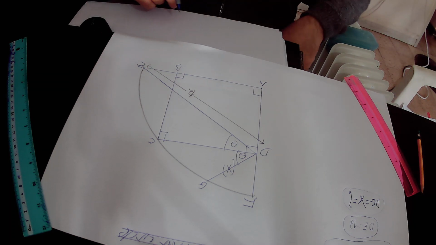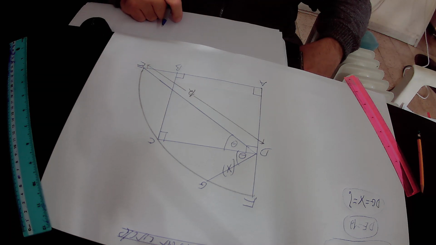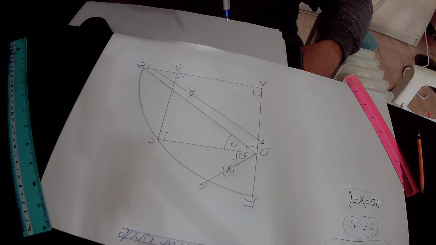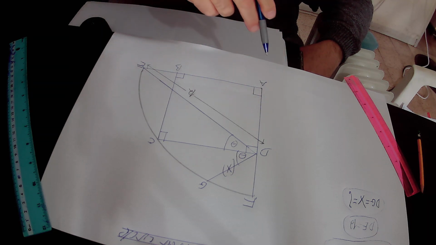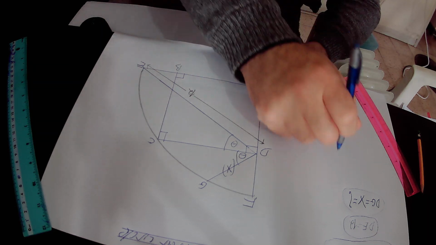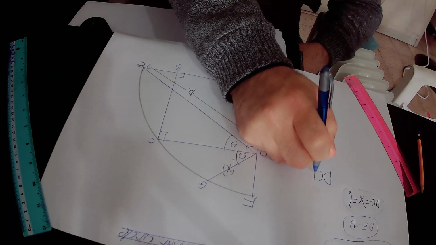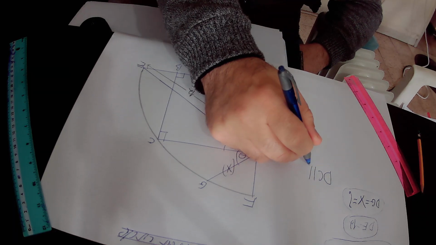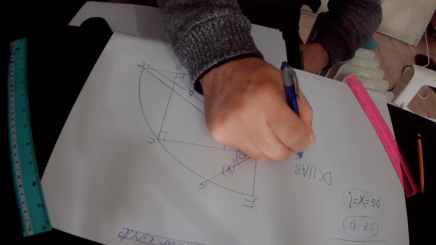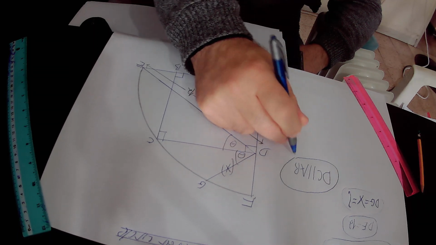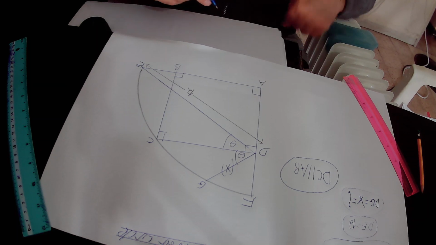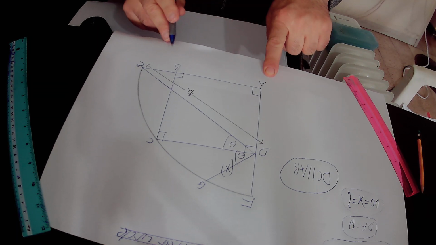In addition, we know that the opposite sides of a square are parallel to each other. So in square ABCD, side DC is parallel to the opposite side AB. But here AB is part of the straight line AE.